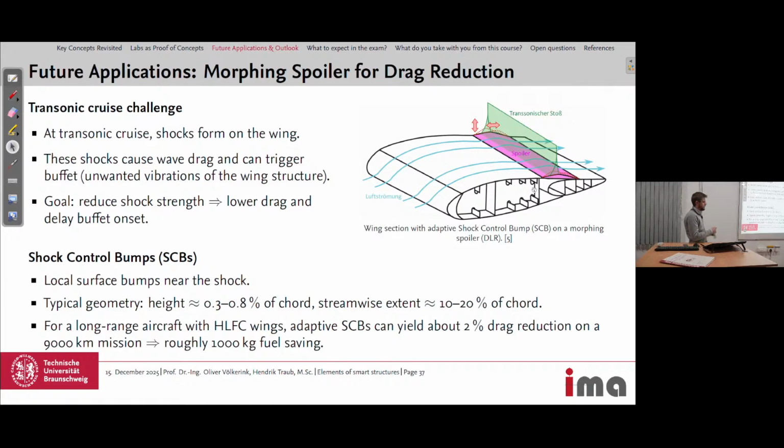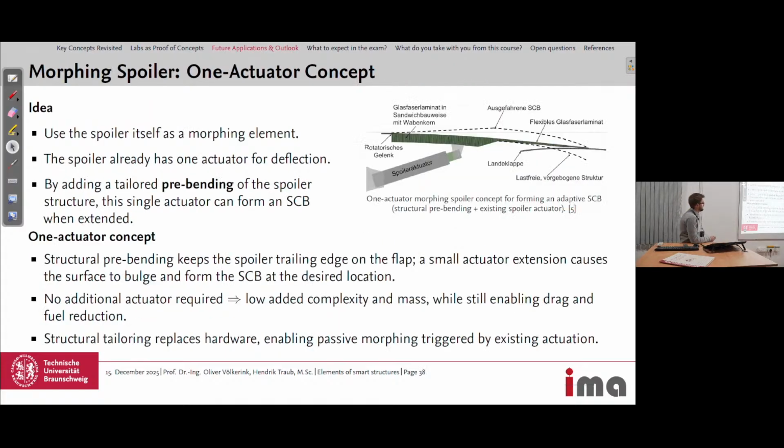At least theoretically, for an aircraft with a hybrid laminar flow control wing, this could reduce the drag by about 2%, which for a typical 9,000 kilometer mission would save 1 ton of fuel. But I think that's only a very rough, theoretical number.